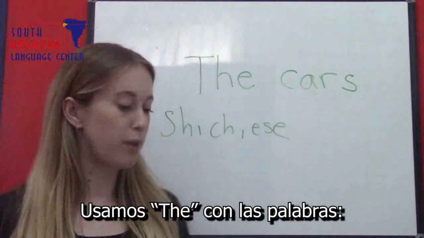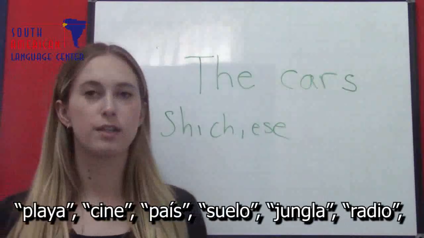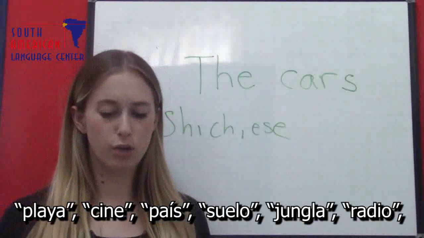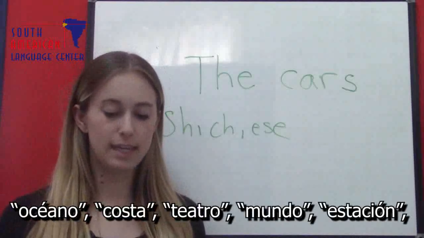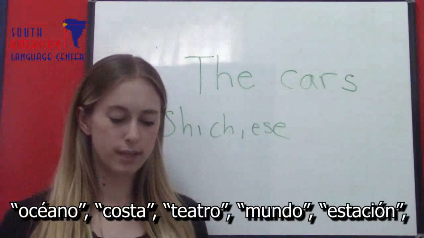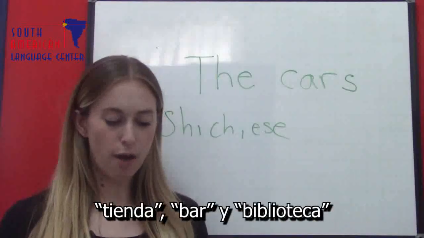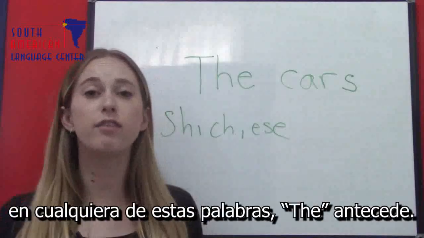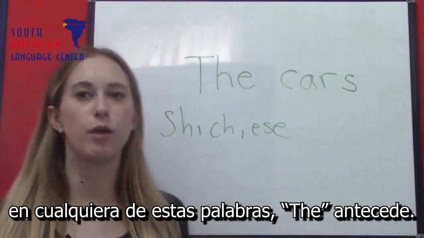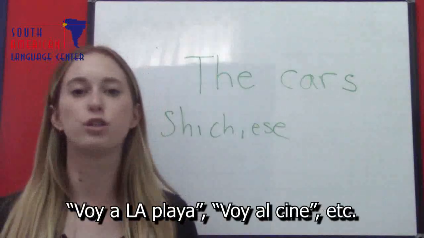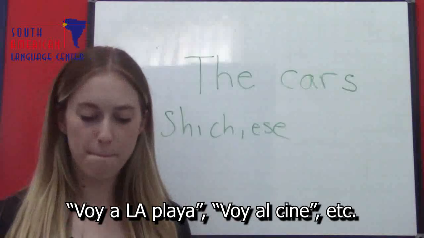We use the with the words beach, cinema, country, ground, jungle, radio, sea, seaside, theater, world, station, shop, pub, and library. So for any of these words, the comes before. So for example, you would say, I'm going to the beach, I'm going to the cinema, etc.